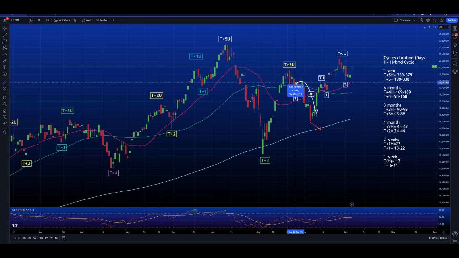Regarding the duration here, we have had 6 bars, and I was flagging the possibility also to continue the downtrend because we were really at the extreme minimum duration of the weekly cycle, and therefore, statistically speaking, we could have had more possibility to go to the downside rather than having a bounce back to the upside.